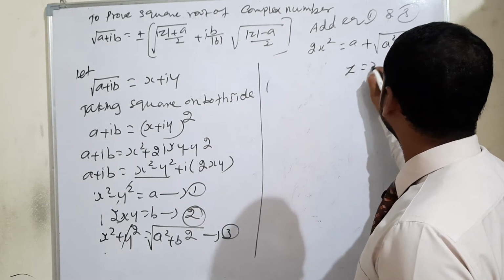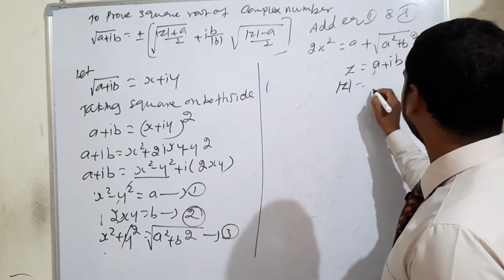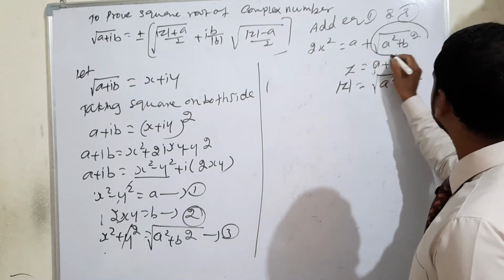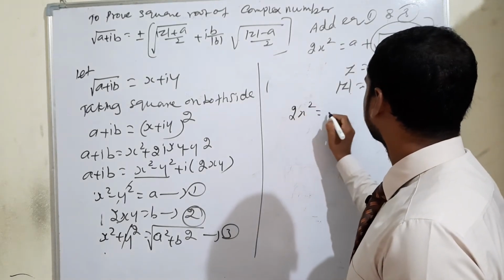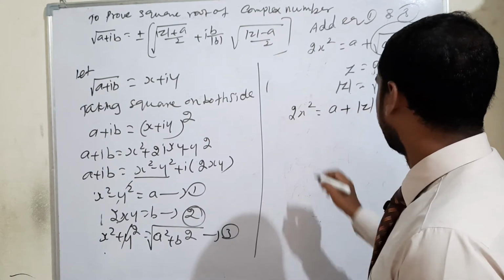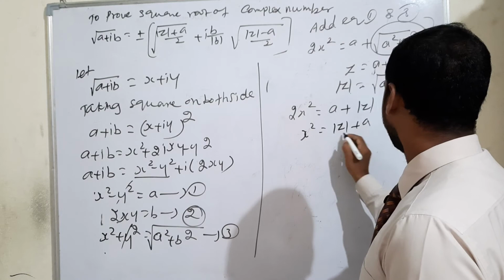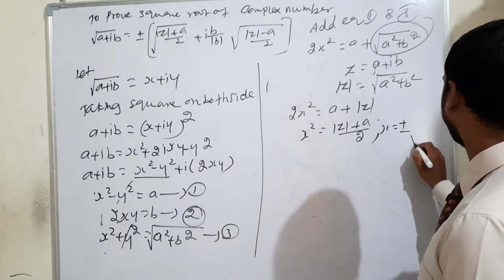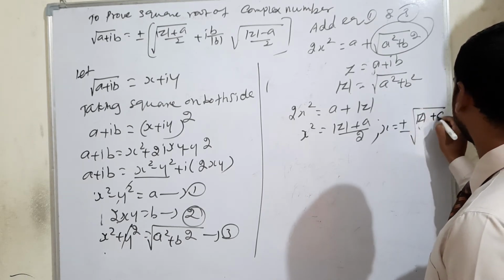Already we know z is equal to a plus ib, so the modulus of z is the square root of a square plus b square. So instead of the square root of a square plus b square we can write the modulus of z. Therefore 2x square is equal to a plus modulus of z. Therefore x square is equal to (modulus of z plus a) by 2. Therefore x is equal to plus or minus the square root of (modulus of z plus a) by 2.